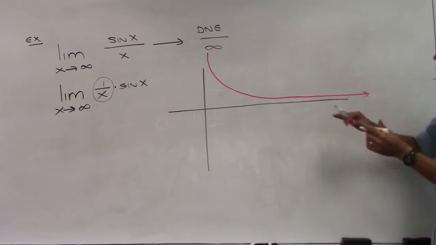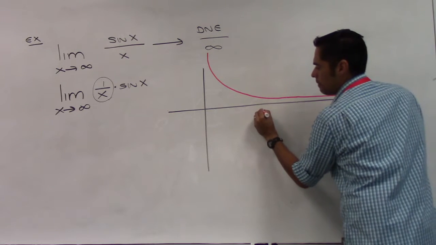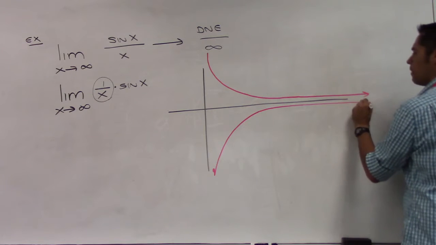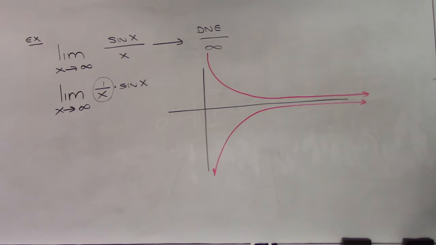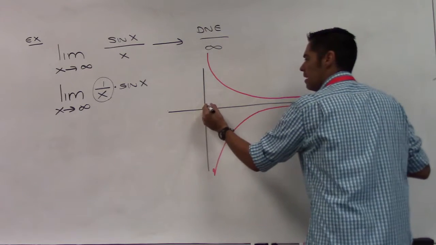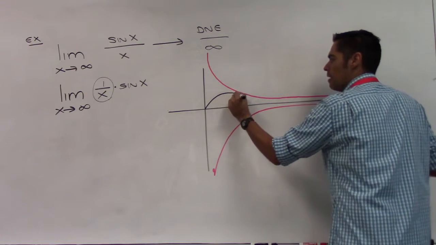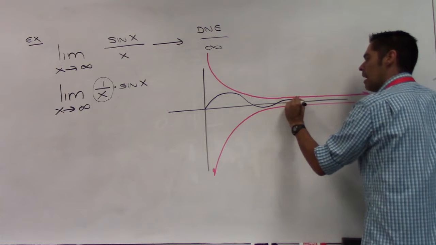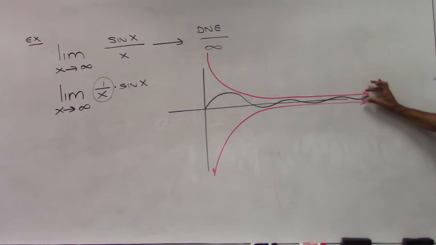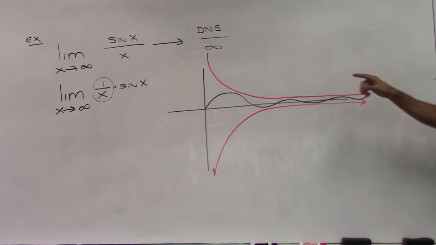And if you reflect it over the x-axis, this is what it would look like. And so if you graph this function, 1 over x times sine x, it is a sine curve that has to be trapped between that funnel. And so if that funnel is going to 0, then so is the sine curve.